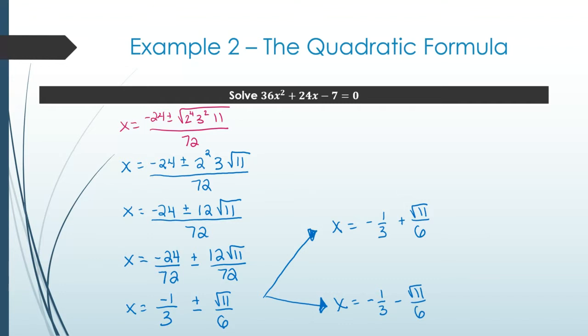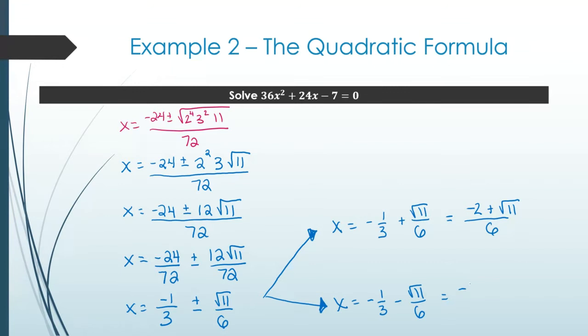So you can write your answer like that, or you can get a common denominator to combine them, and that would be 6. So if I wanted a common denominator, I'd have to multiply the first fraction of 1/3 by 2 on the top and the bottom, and that would give me negative 2, and then plus the square root of 11 over 6 to combine those in a common denominator.